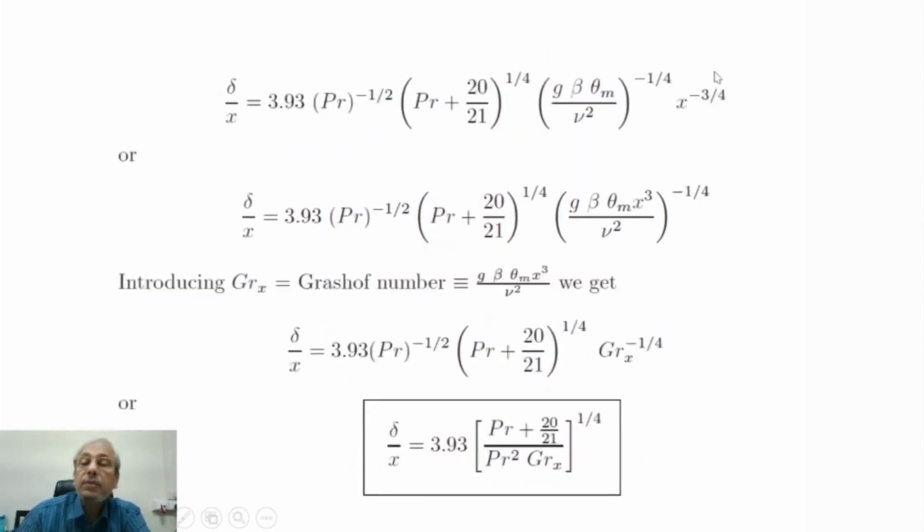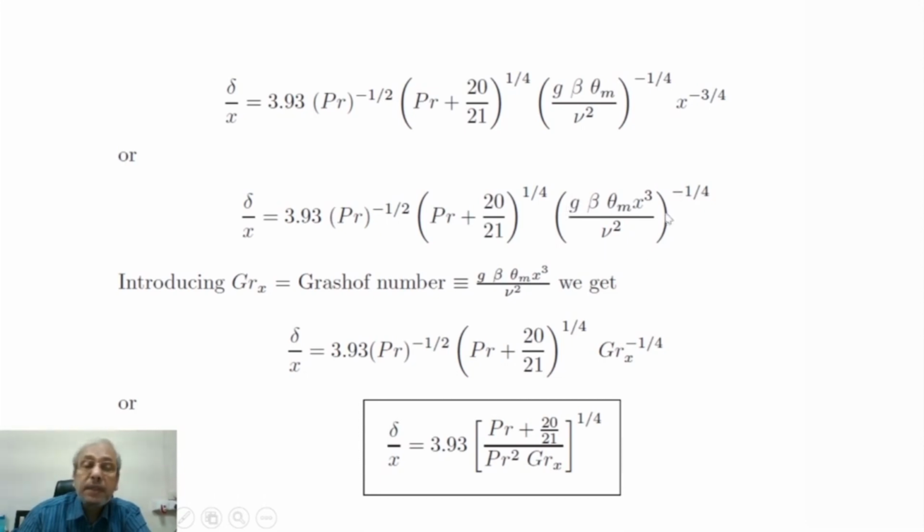So exactly that is what we get, and then delta by x equals 3.93 Prandtl number to the power minus half, Prandtl number plus 20 by 21 to the power 1 by 4, g beta theta m, and we bring this x power minus 3 by 4 under this bracket, so it becomes x cube by nu square, entire quantity to the power minus 1 by 4.